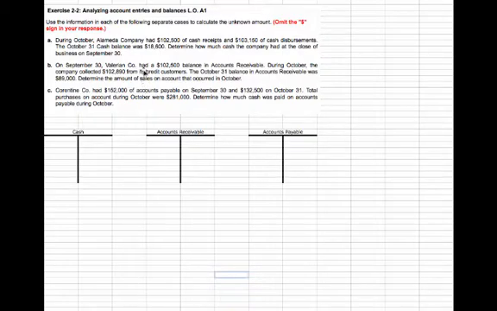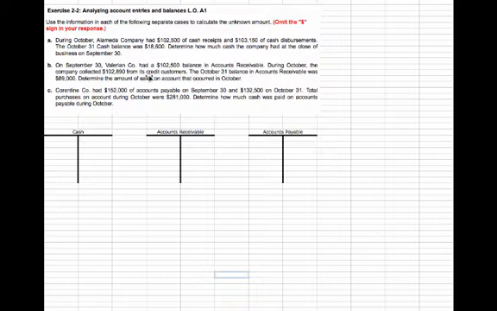In A, it says, during October, Alameda Company had $102,500 of cash receipts and $103,150 of cash disbursements. On October 31st, the cash balance was $18,600. How much cash did the company have at the close of the period?